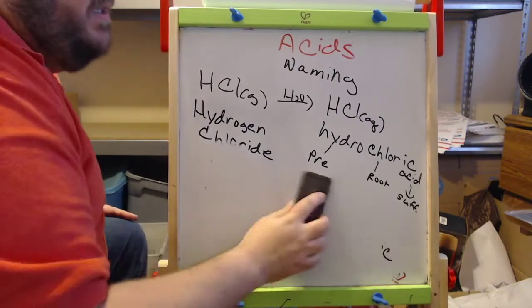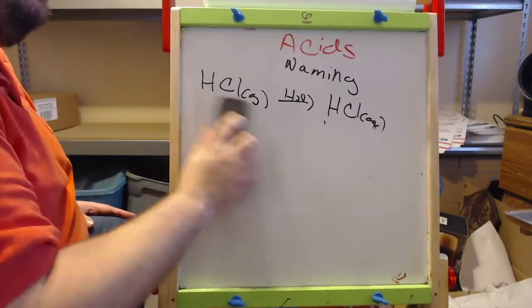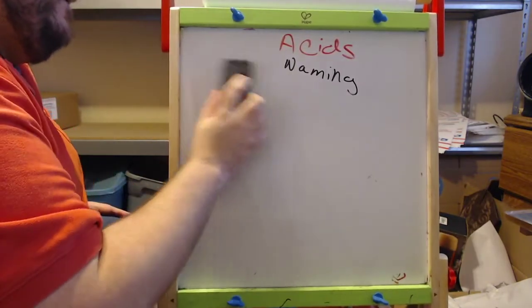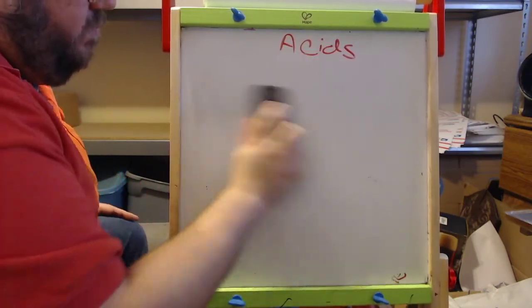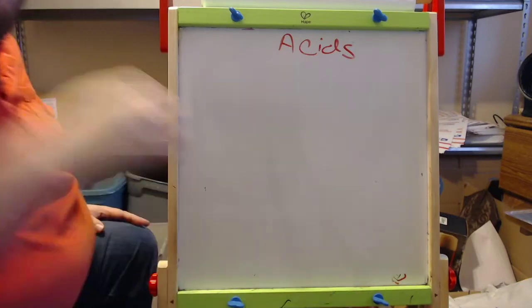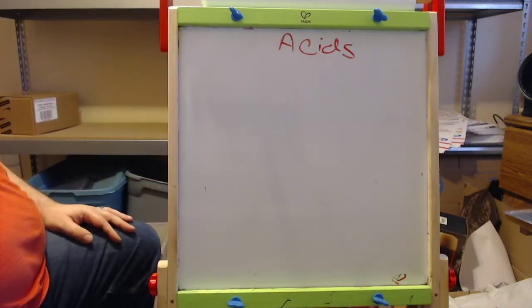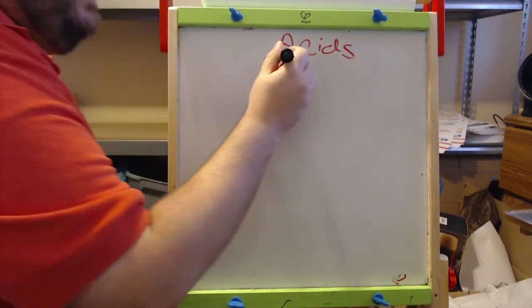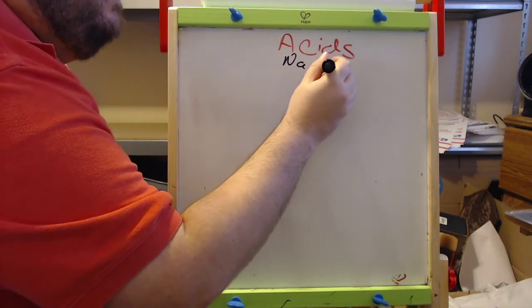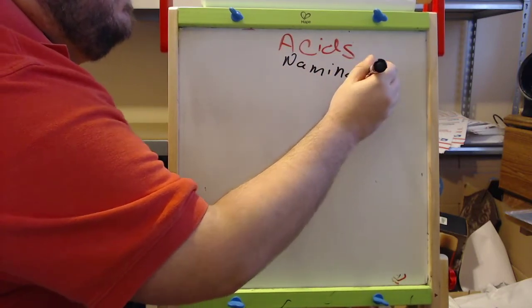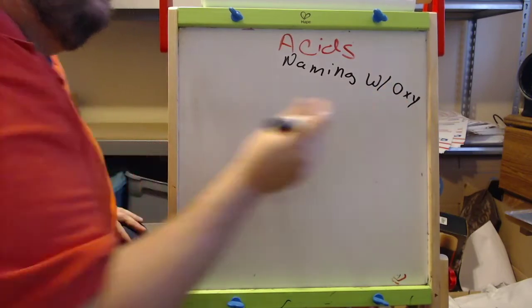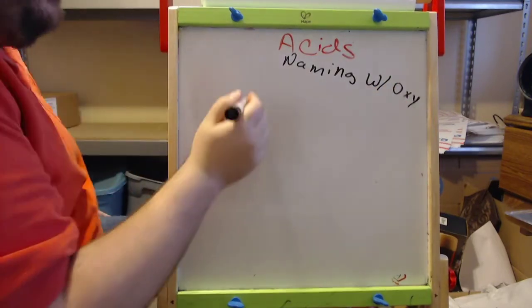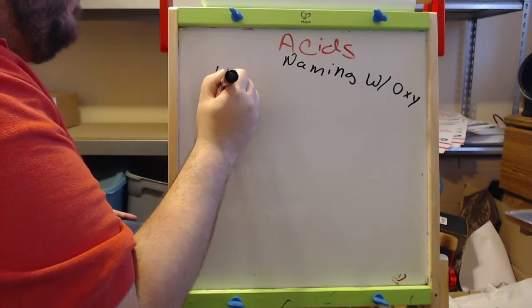Now where the polyatomics come into play and it's important is here. Acids naming, this time with oxygen. If I contain oxygen, that means I'm with a polyatomic.